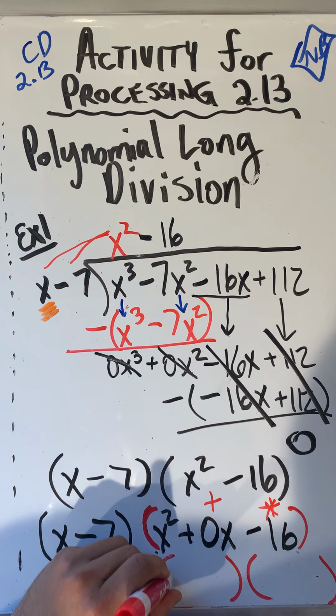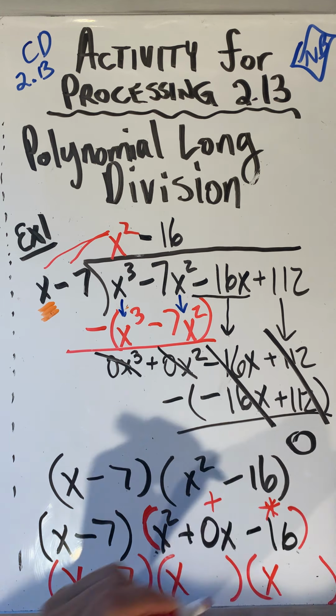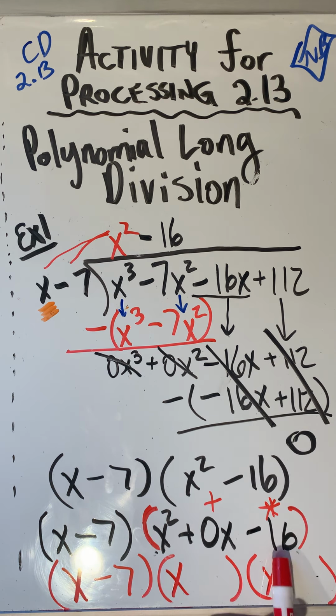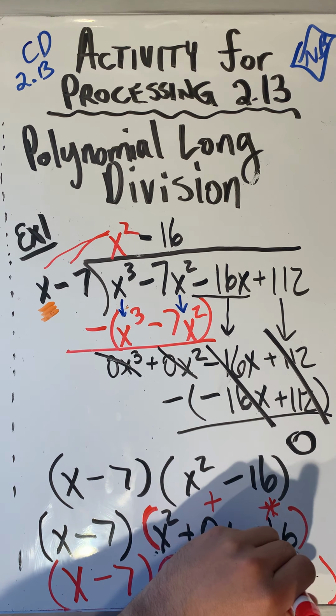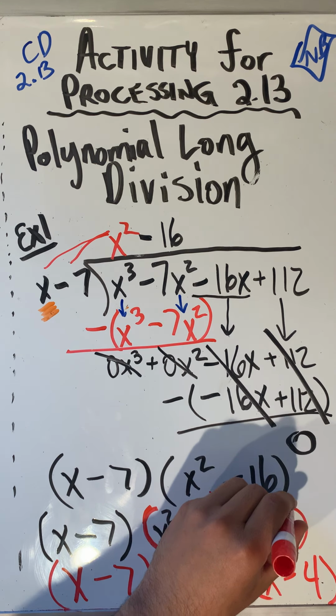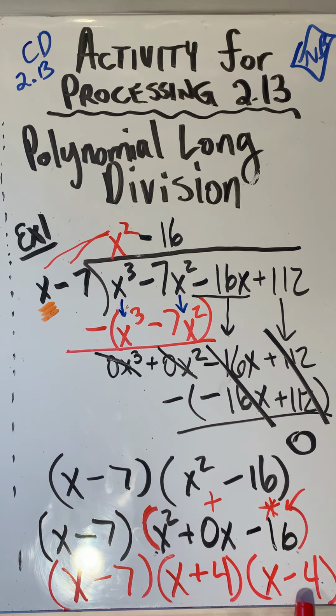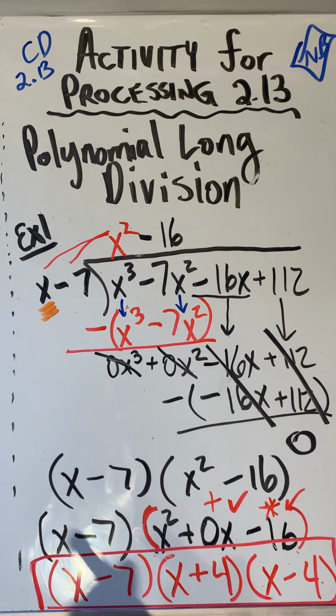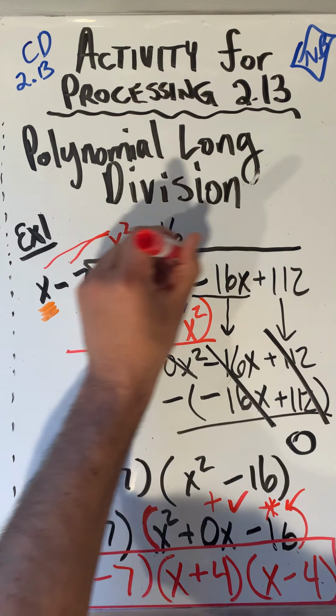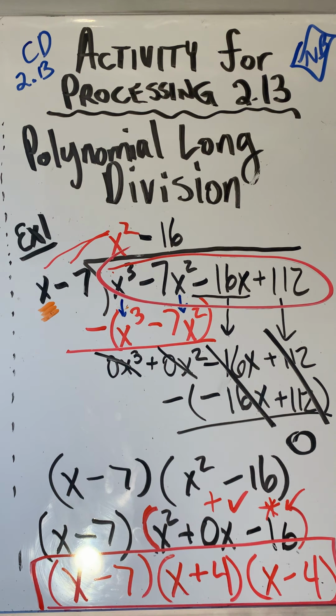Okay, so now I got x, I need two factors that give me -16. Positive 4 times -4 is -16. Good. Positive 4 plus -4 gives me 0. Great, that works. Here is our product of three linear factors that, if we multiply these three right here, will give me back my original polynomial, ladies and gentlemen.